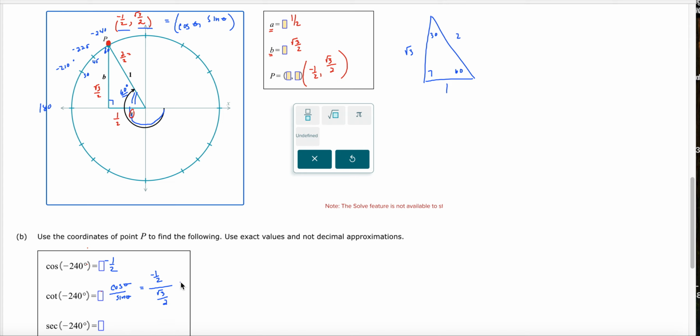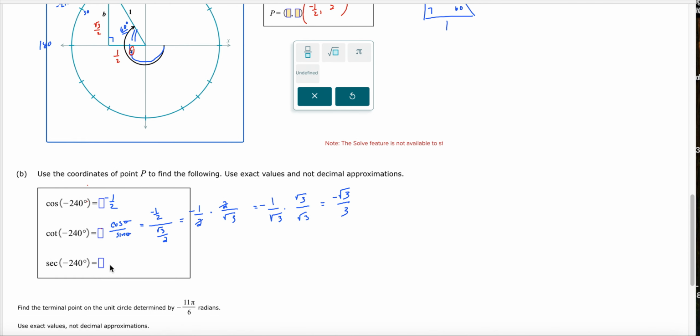So now we have to think about what we know about how to divide fractions. So that'd be negative 1/2, change to multiplication and flip the bottom. So 2 over the square root of 3. We can cancel those 2's. So this is negative 1 over the square root of 3, rationalized is negative square root of 3 over 3.